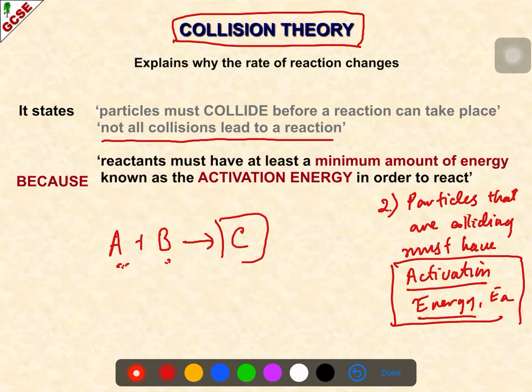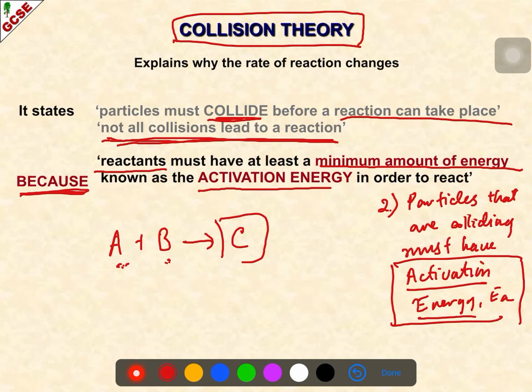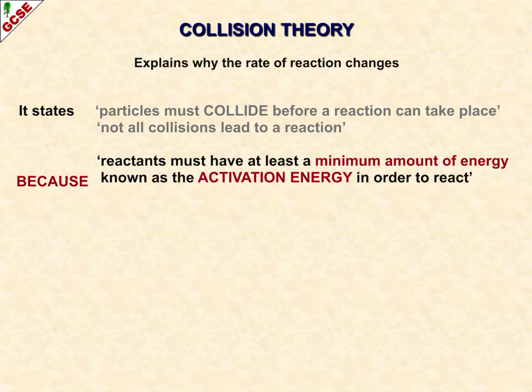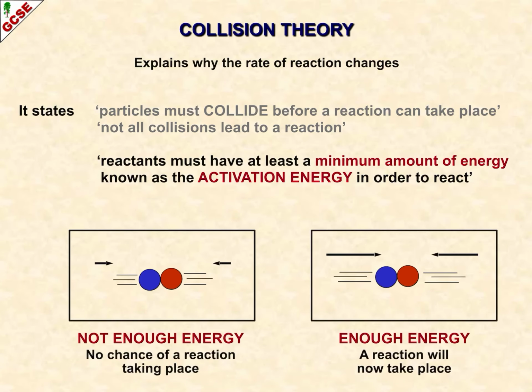Particles must collide before a reaction can take place, but not all collisions lead to a reaction, because reactants must have at least a minimum amount of energy, which is called the activation energy, for them to react. Those are the two important things about collision theory.